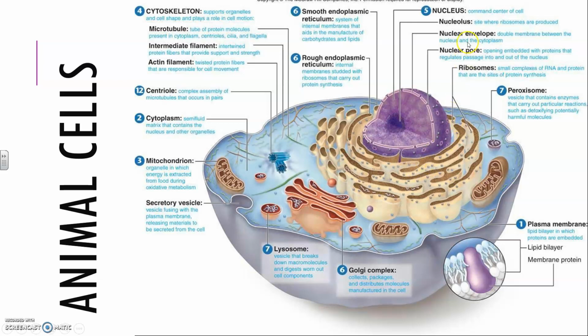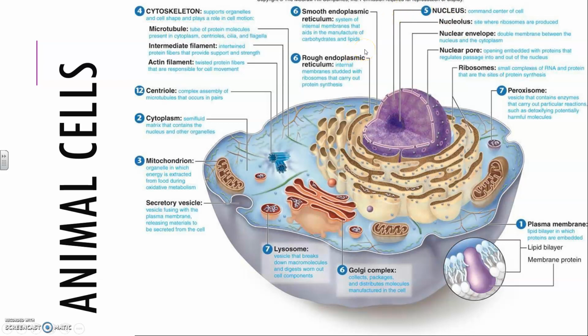We talked about the nucleus and the nucleolus. The nucleus is the command center of the cell where the DNA is contained and the RNA is produced, and the nucleolus is where the ribosomes are produced. We talked about the nuclear envelope, which is another membrane surrounding the nucleus and separating it from the cytoplasm, and the nuclear pores, which are the little holes in the nuclear envelope. Then we talked about the smooth and the rough ER.